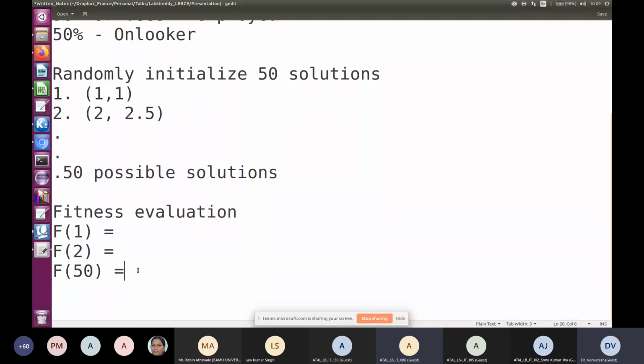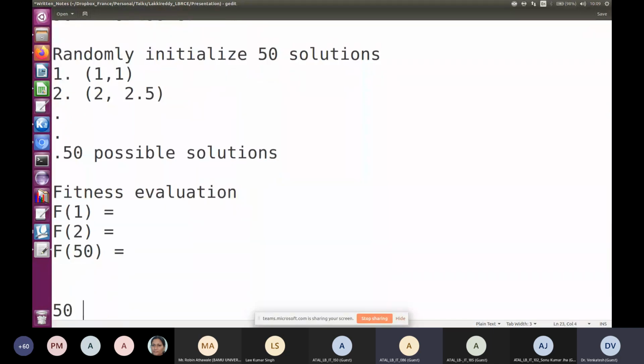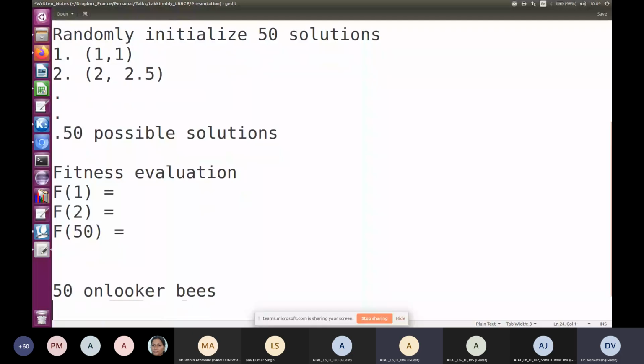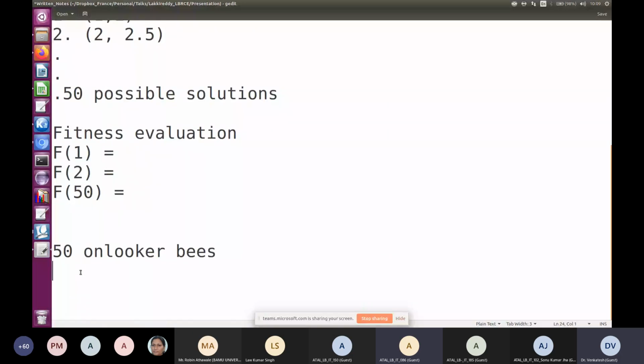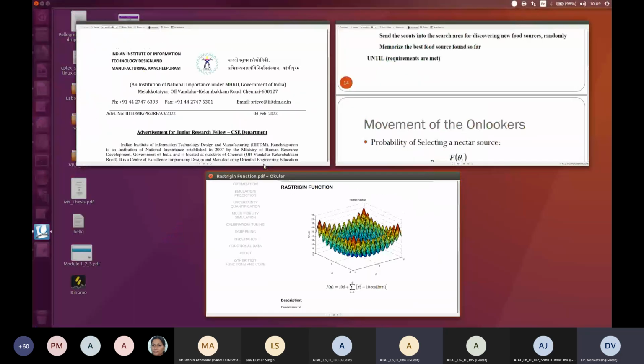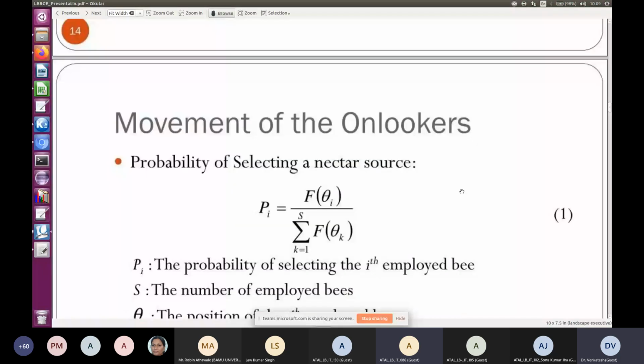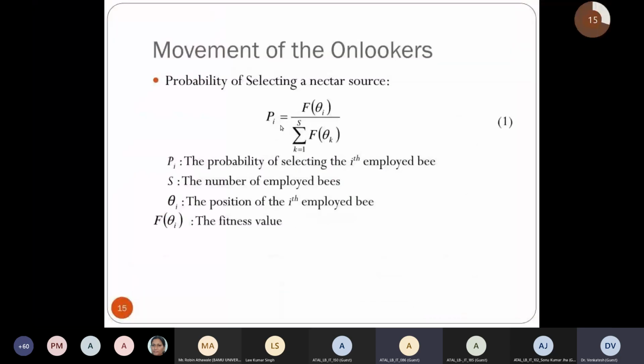Then these onlooker bees will be there, these 50 onlooker bees. They will be waiting in the hive to be recruited for one of the food sources, for example. So how will these onlooker bees select the food source they want to be hired for? The formula is here itself. Based on this probability, these onlookers will be hired by one of the food sources.